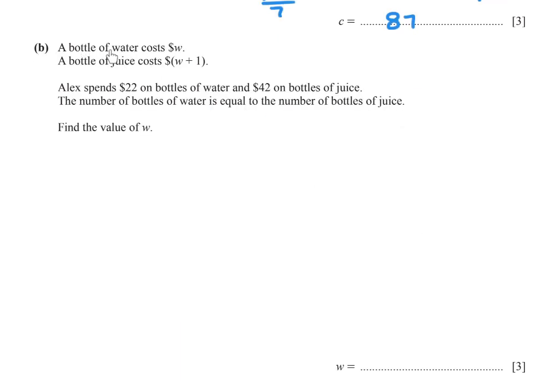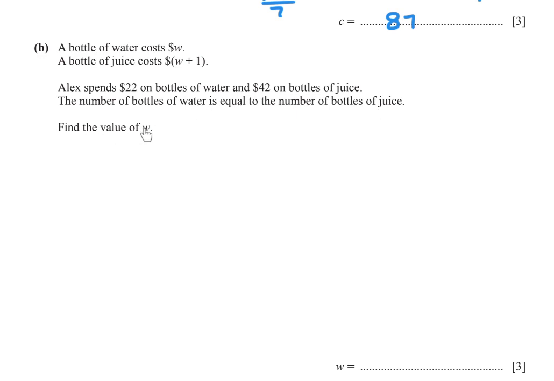B. A bottle of water costs W dollars. A bottle of juice costs W plus 1. Alex spent $22 on bottles of water and $42 on bottles of juice. The number of bottles of water is equal to the number of bottles of juice.